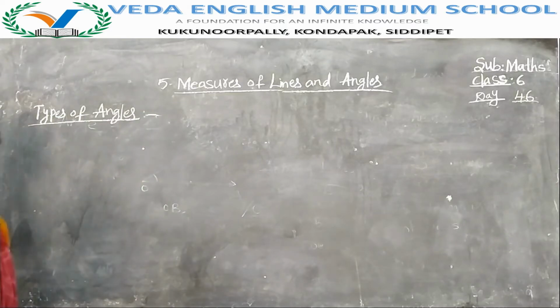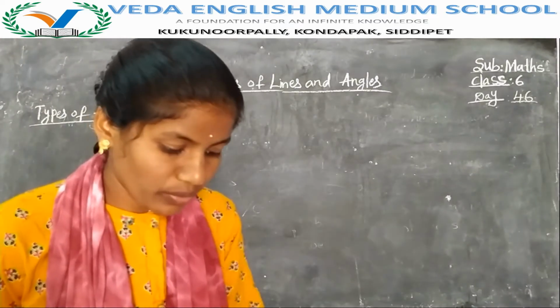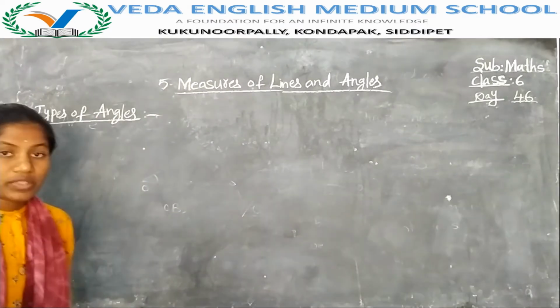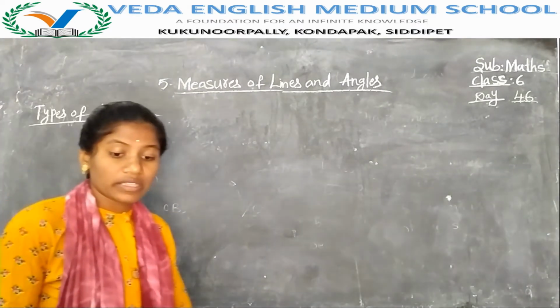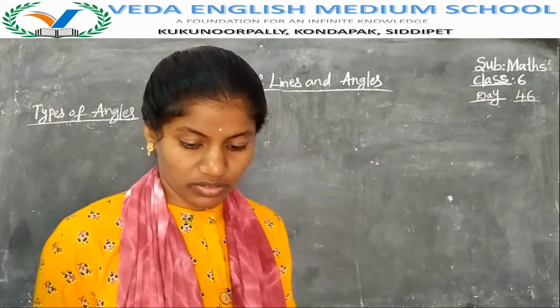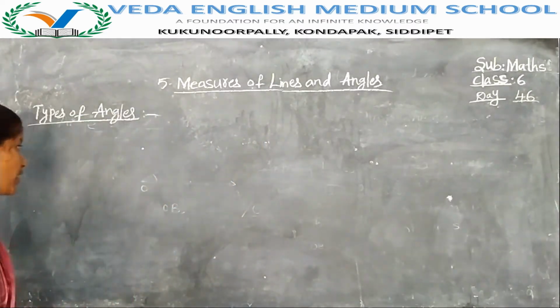Here we have three types of angles. Sorry, we have four types of angles.